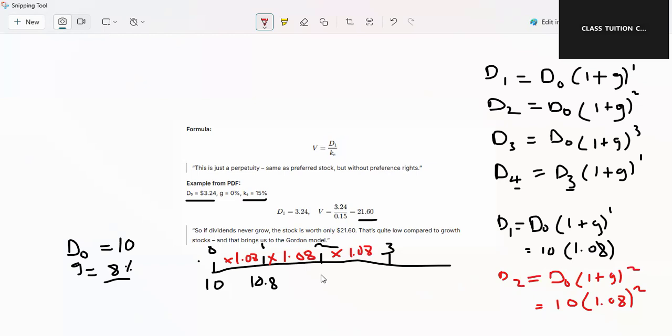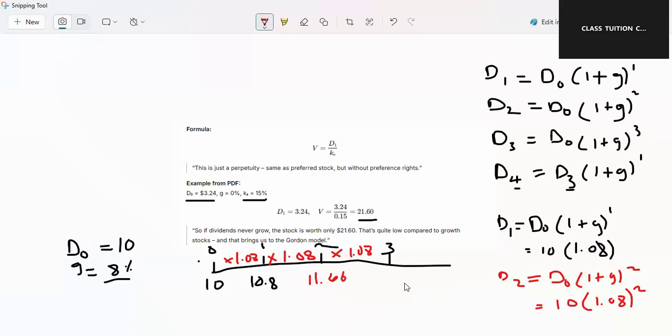You still get the same answer here. 11.664. Yes, 11.66. So it's what you're going to get either way.